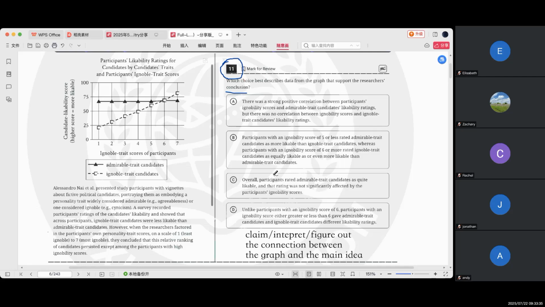All right. Zach said the part where they say that they concluded. Okay, that's very good. I think all of you guys are getting used to the pattern here.